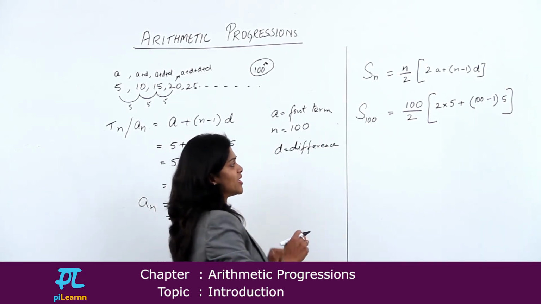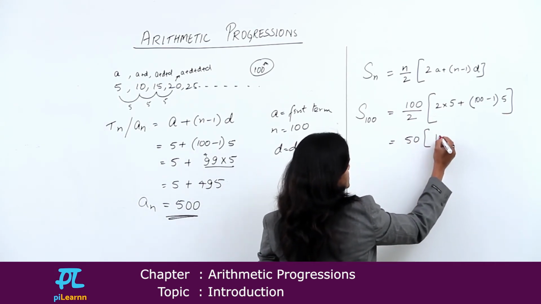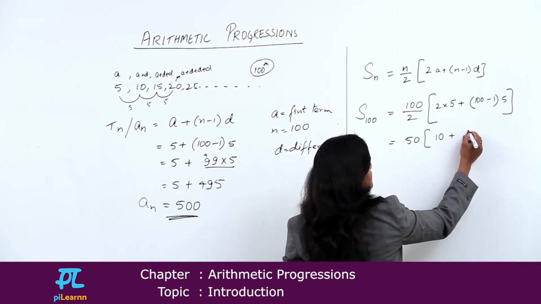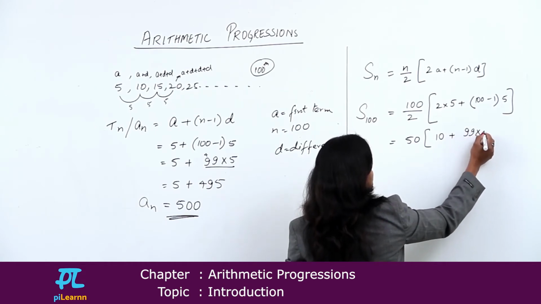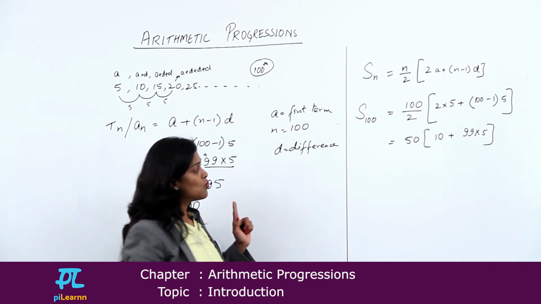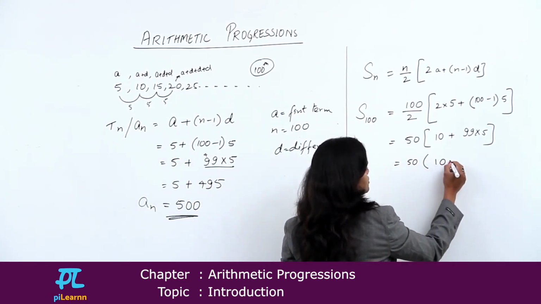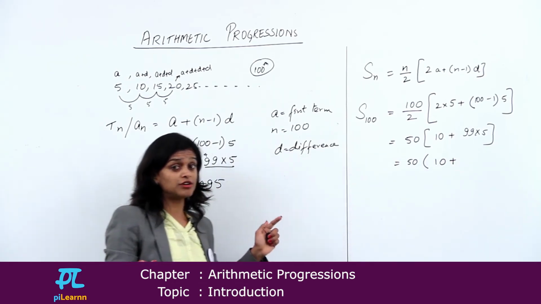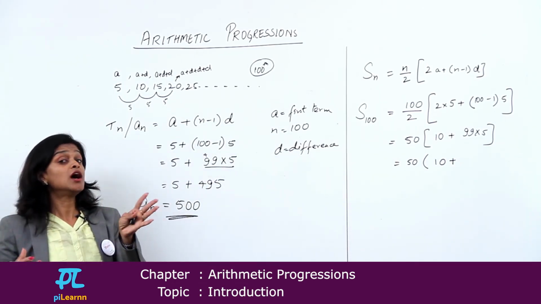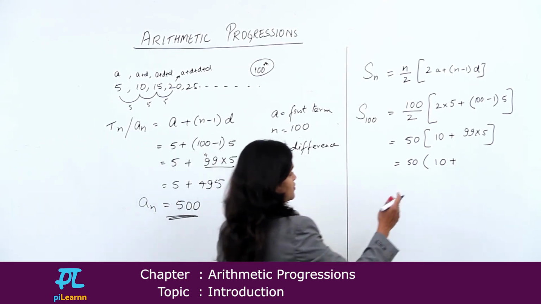Fine. So now this becomes 50, 2 5s are 10, plus 99 into 5. Got that? So now this becomes 50 into 10 plus 99 into 5. You already multiplied in the previous one while finding a plus n minus 1 into d. So I have 495 here.